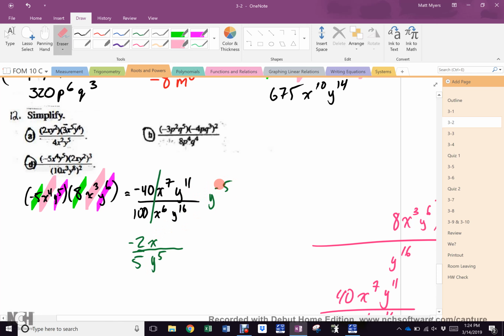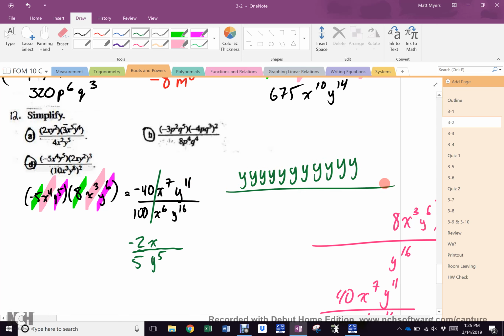Now here's something that may help you. I'm not sure if it will. I don't like showing it on the first couple of days of exponents because it messes kids up. What does this actually mean? There's 11 y's there, correct? 1, 2, 3, 4, 5, 6, 7, 8, 9, 10, 11. Agreed? What does this actually mean? There's 16 y's, correct?